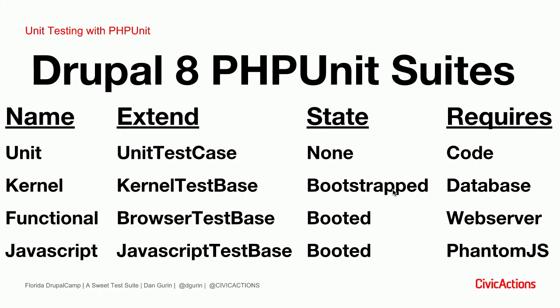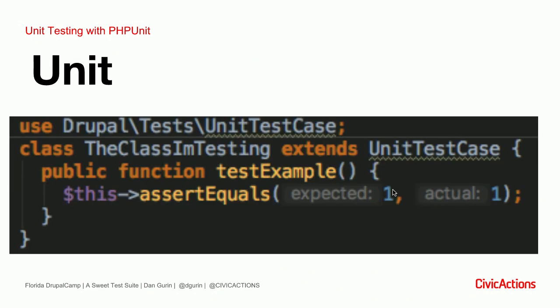You have to get all that going within your kernel test. And then there's a browser test base, which is typically more of a functional test. This is fully booted. You need a web server to do that, and you can slap JavaScript on top of that, which uses Phantom.js, if you need to have JavaScript going for your test.